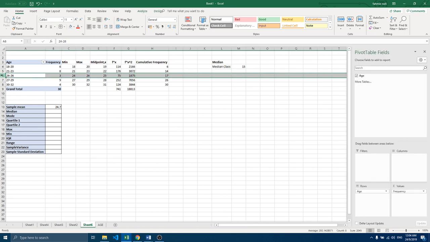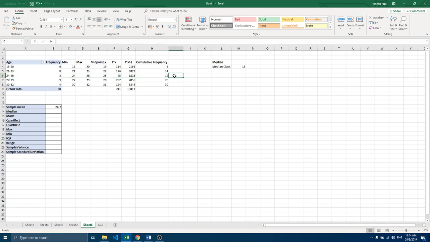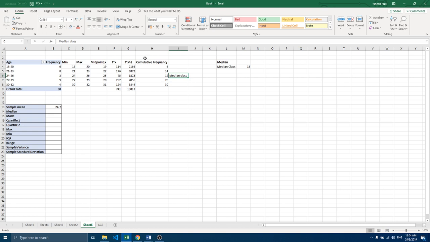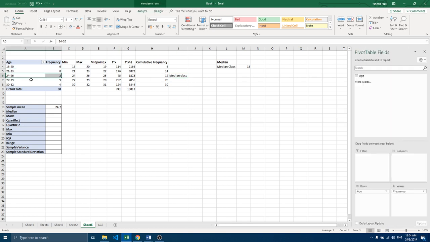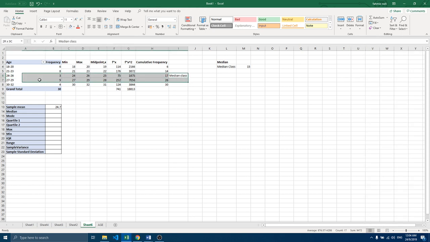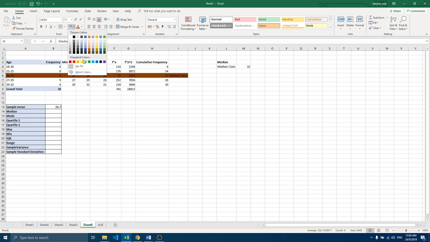So we will consider this 24 until 26 years old as the median class. So this is your median class. Just highlight it yellow.